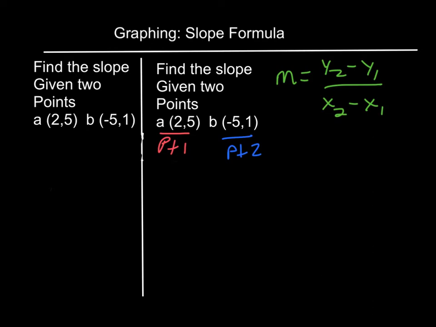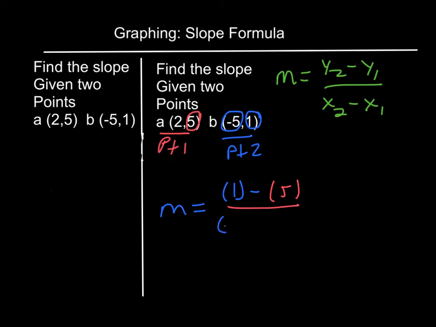Okay, so then my y2 is right here. So that's 1. So slope is equal to 1 minus my y1 is right there. So that is minus 5 over my x2 is right there.